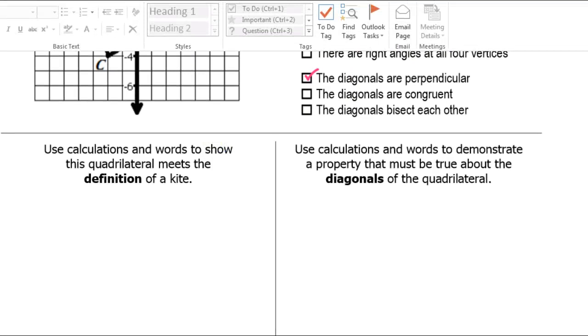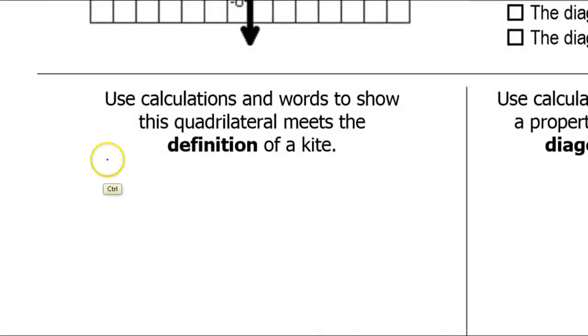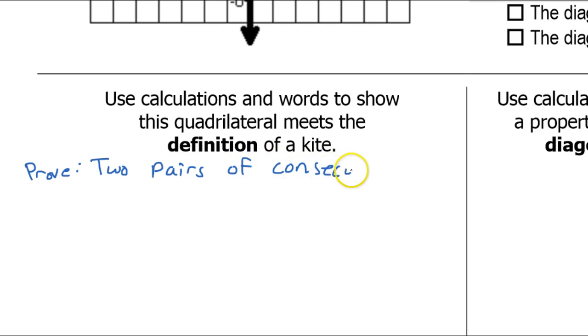So we're trying to prove, let's write this down. So we need to prove two pairs of consecutive sides are congruent. Well, let's go ahead and squeeze it in.